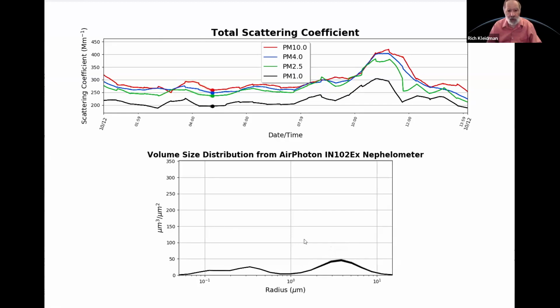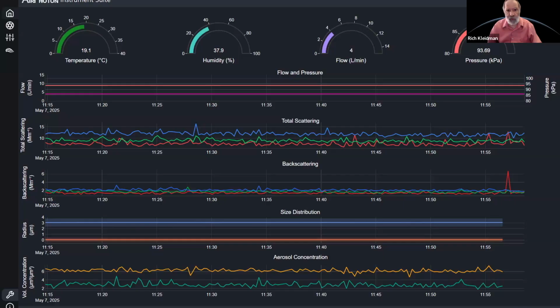And here you're seeing how this has been processed to provide a full size distribution. So this is the capability you have, but there's an instrument we have which does PM 2.5 to PM 10, but unless you go down to PM 1, as I showed before, you're really not going to have accurate information about the fine mode aerosols. So let me stop sharing this.